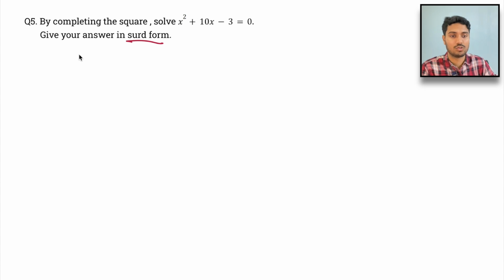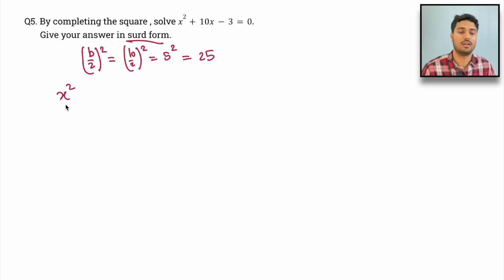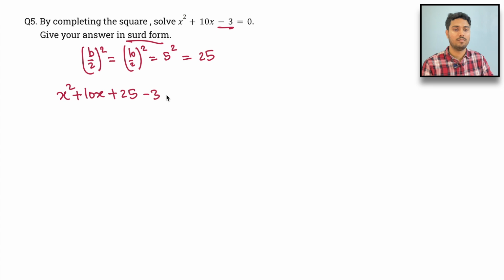First, let's rewrite. So we know that step 1, coefficient of x squared should be 1, which is already 1. Step 2, we have to write b by 2 the whole square. The value of b is 10, so 10 by 2 the whole square, and that is going to be 5 square, which is 25. So I'll write it as x square plus 10x plus 25 minus 3 minus 25 equals to 0.